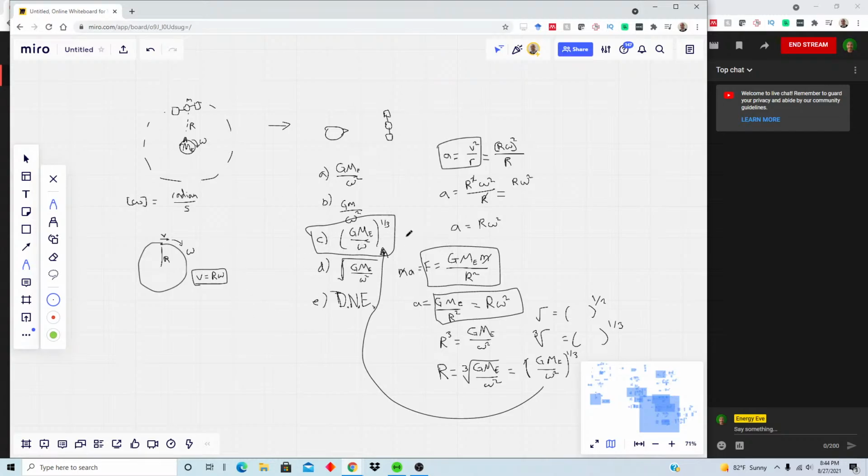It was the velocity part right here. We needed to know that when you're looking at the velocity of a point of something with angular velocity, the radius times the angular velocity is equal to velocity. Yep. So these three equations is what you needed to pull out in this problem.